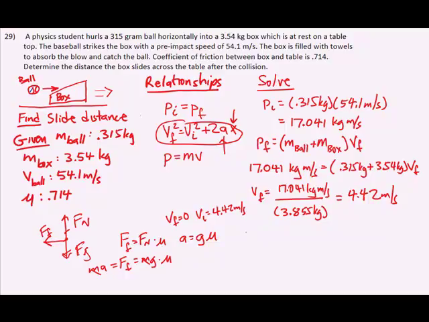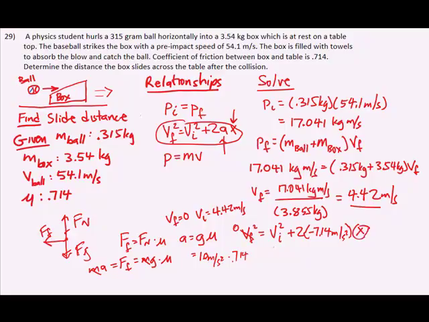Alright, let's put our numbers in. I have a final velocity squared, which is equal to 0, equal to my initial velocity squared plus 2 times my acceleration, which is gravity, 10 meters per second squared, times mu, 0.714. My acceleration is going to oppose motion, so I'm going to say it's minus 7.14 meters per second squared, times the distance I'm going to be traveling, x, and that's what we're looking for.